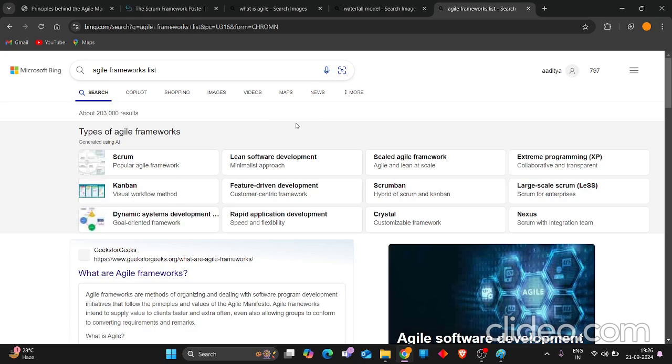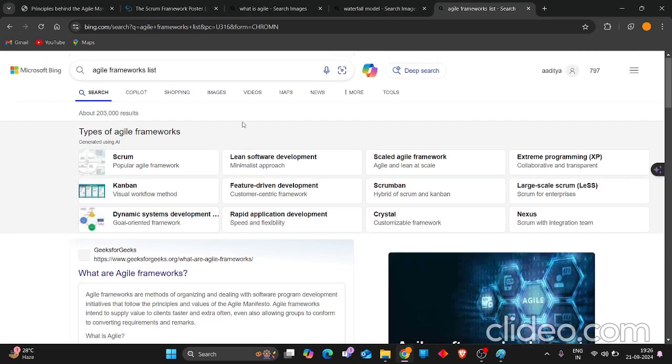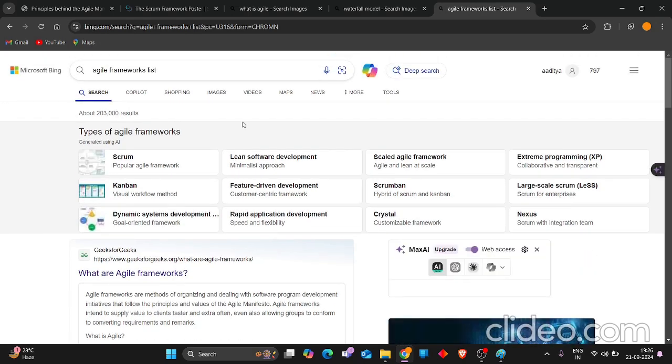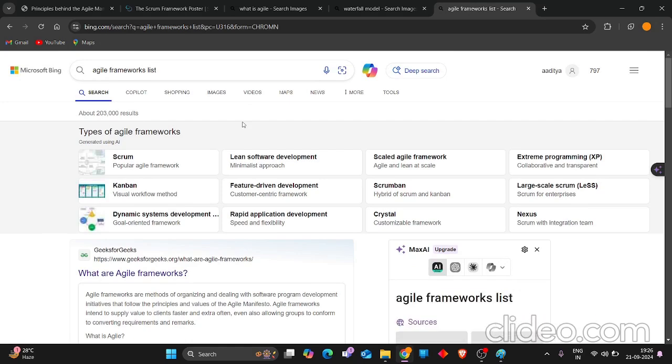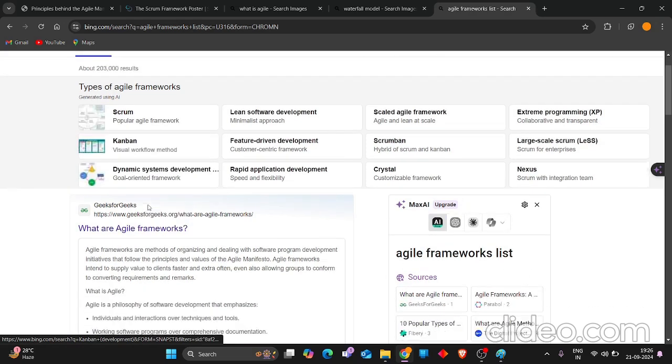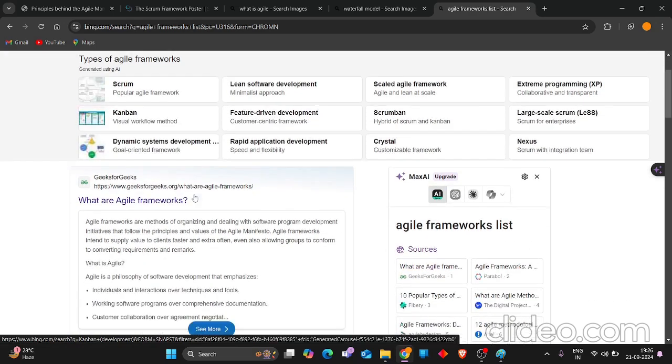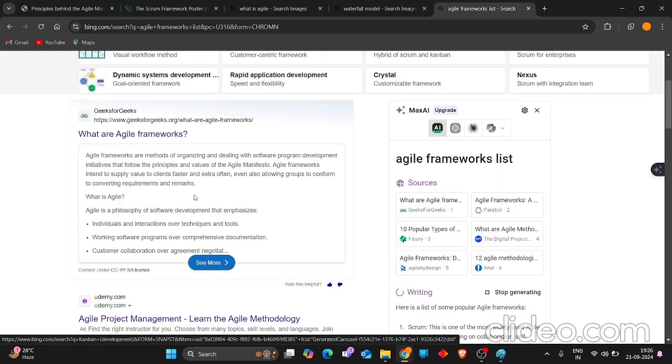Mainly, Agile is a methodology. It's not a framework. The frameworks which follow Agile are Scrum, Kanban, and also XP.